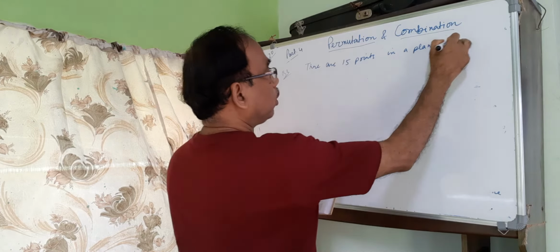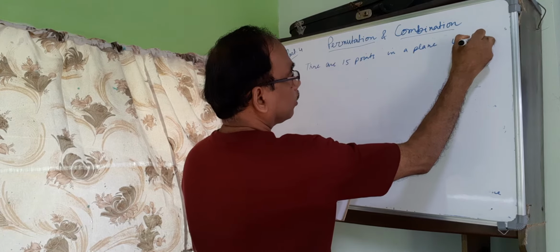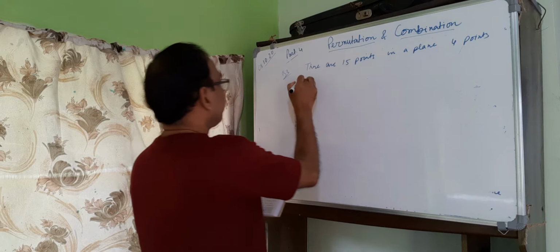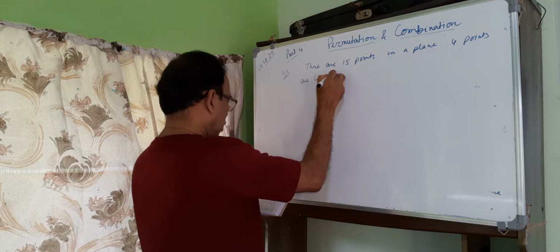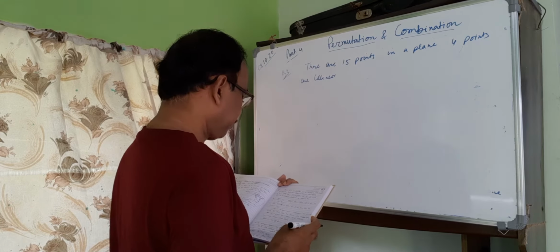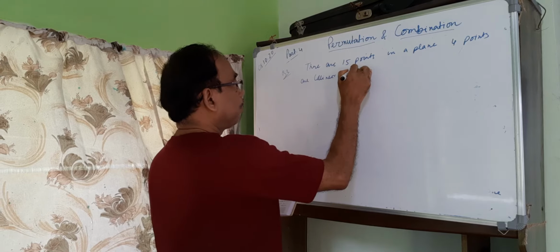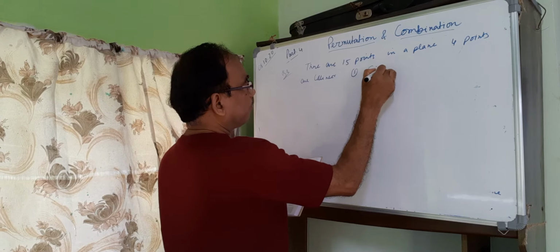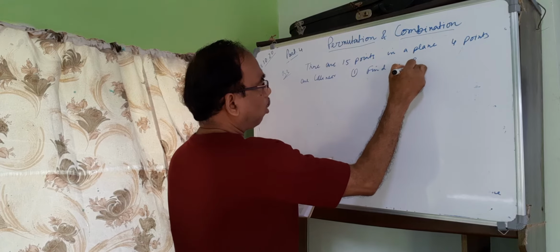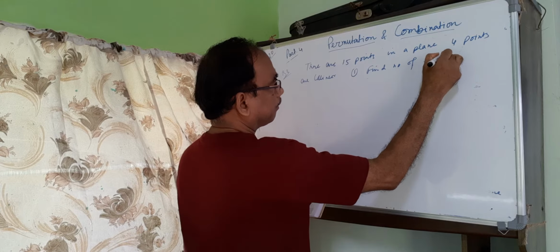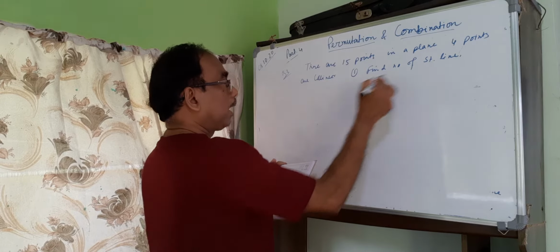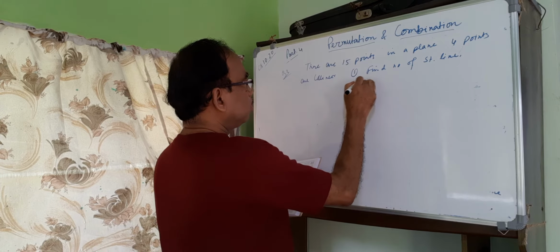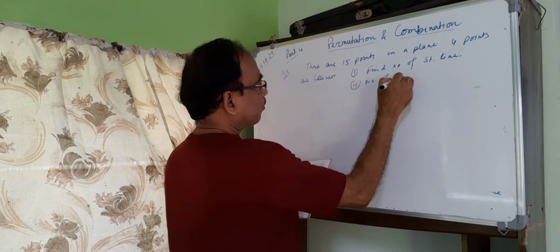Four points are collinear. Find number 1, the number of straight lines. Number 2, the number of triangles.